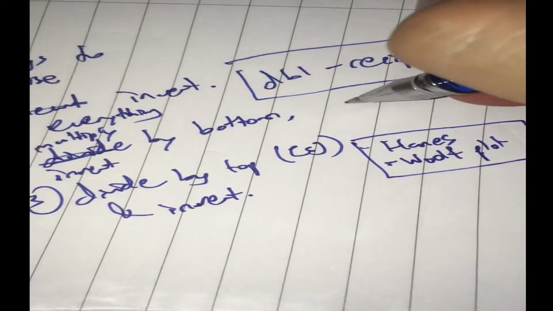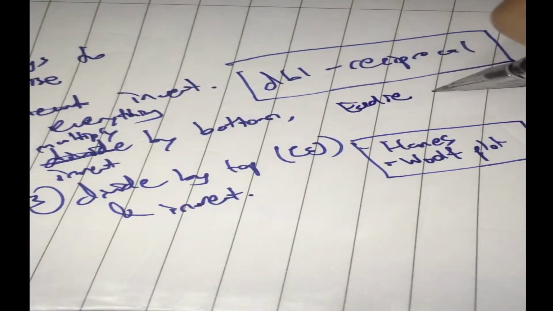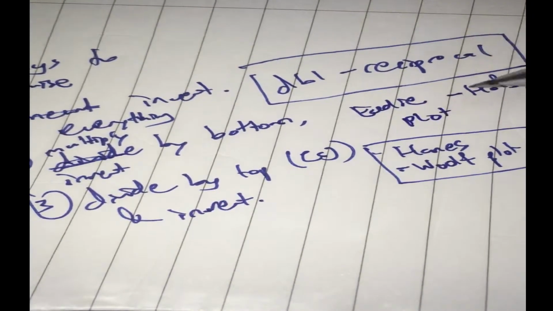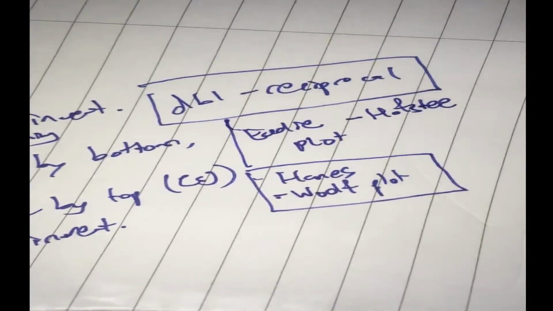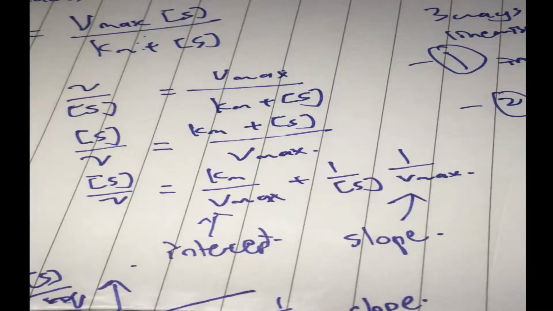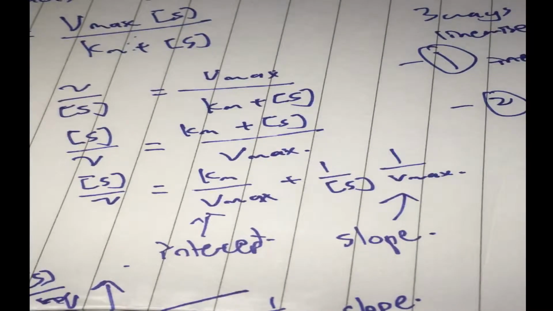And the second one is the Eadie-Hofstee plot. So these are three of the plots that we discussed. The linearization of these equations can come under these three methods.